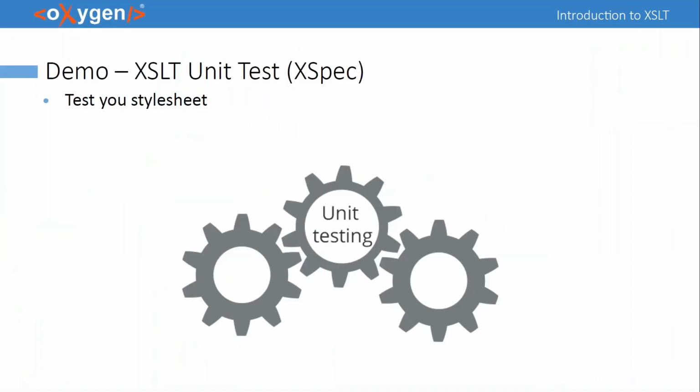Now we want to test also our style sheet. It's important to have tests for your style sheets, and you can use a programming language to create test cases, but you can also use the support that we provide using XSpec, and I will show you how you can create a simple test for a style sheet.